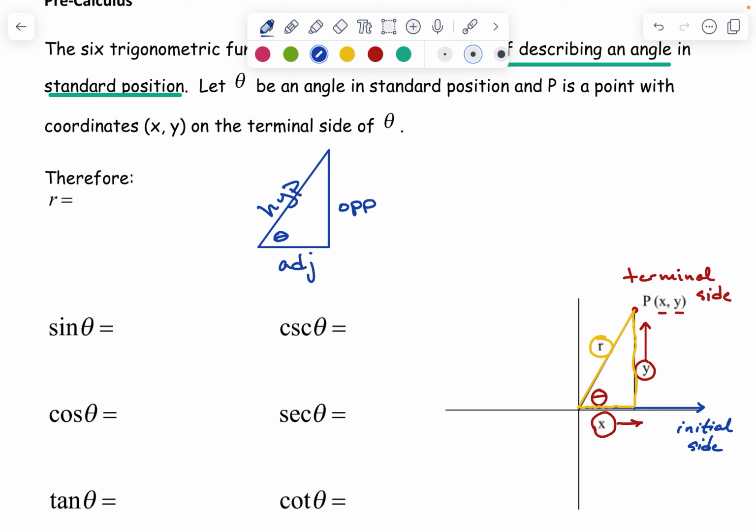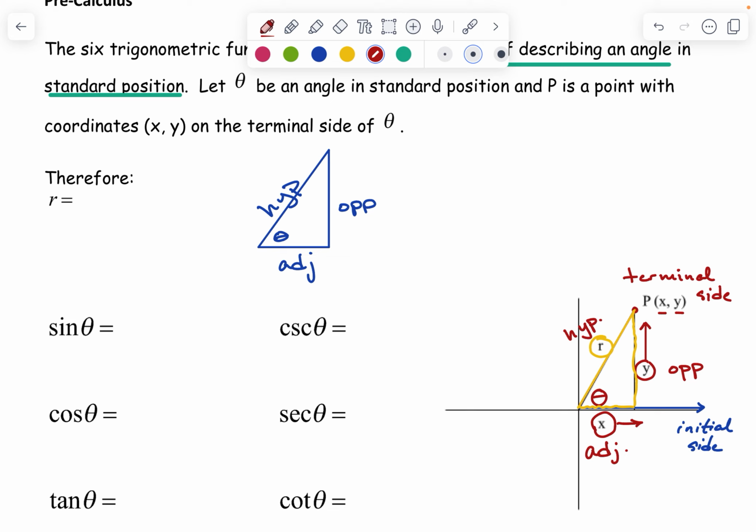Taking this graphical coordinate plane approach, we can see that our y is our opposite, our x is our adjacent, and our r is our hypotenuse.